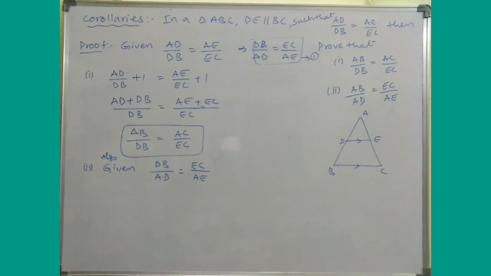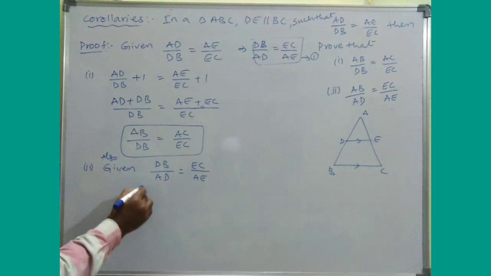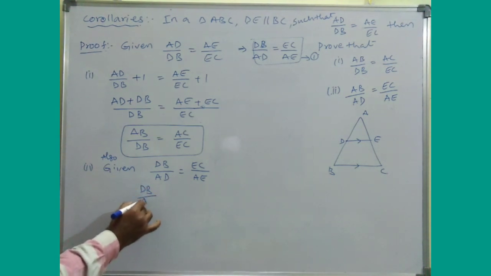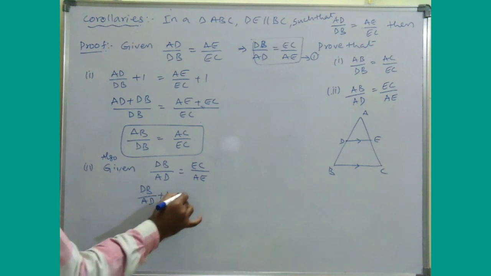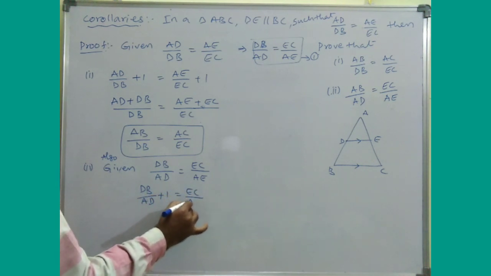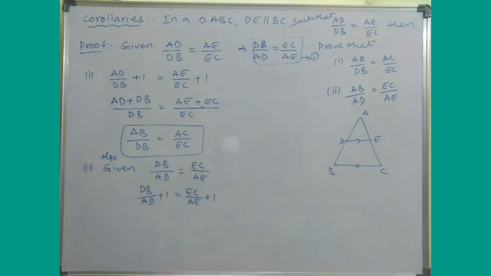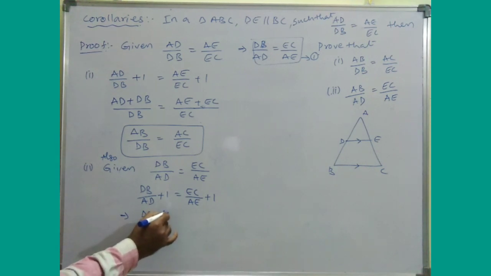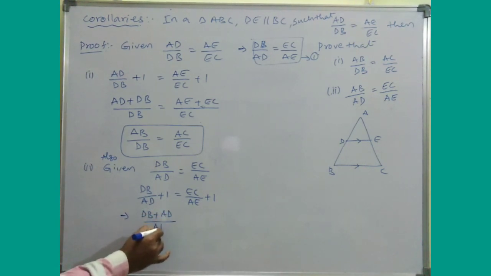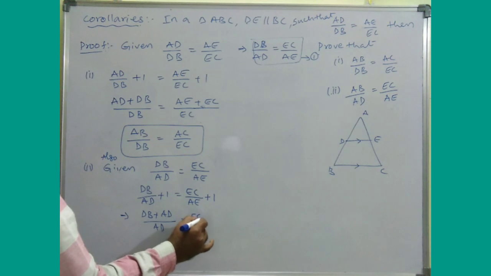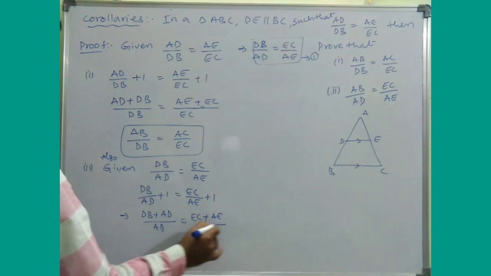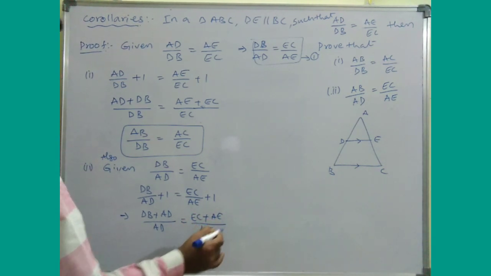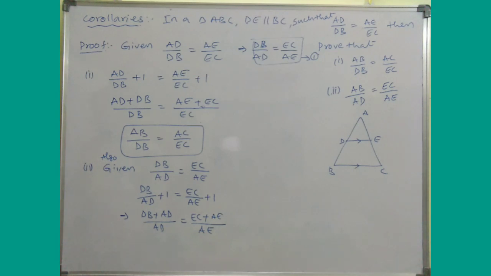The same way, we can add 1 on both sides and, taking LCM, DB plus AD by AD is equal to EC plus AE by AE.